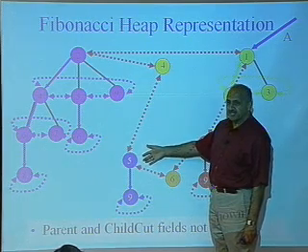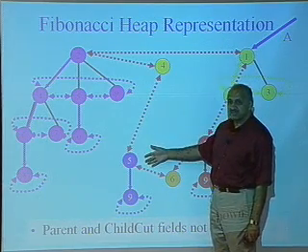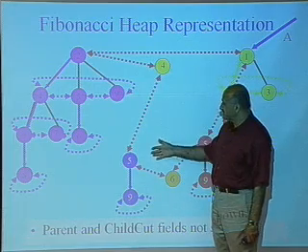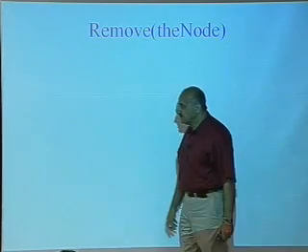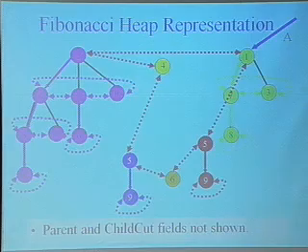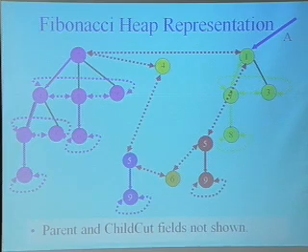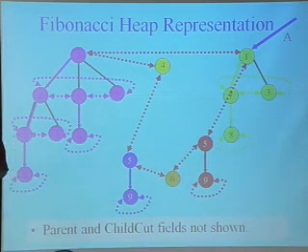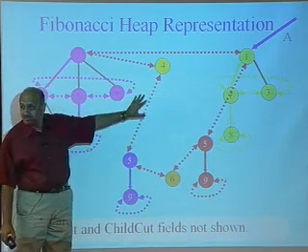Okay. And you took the 5 out of there, and the next time around the user doesn't know, you don't know where these pointers are that are coming to the 5. So the next time around somebody's probably going to come and say change the key in this node to 2, but you went and deleted that node. Okay. So to get things to work right, because you're supporting an arbitrary remove and a decrease key, both of which require the user to keep track of different nodes, you can't actually start moving things from one node to another.